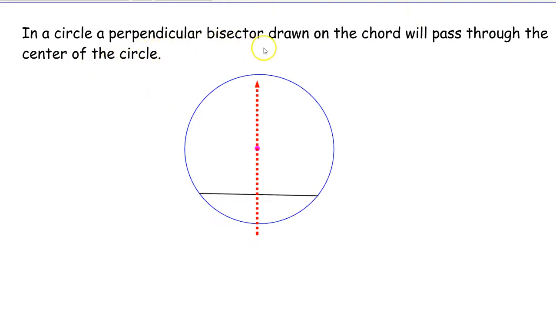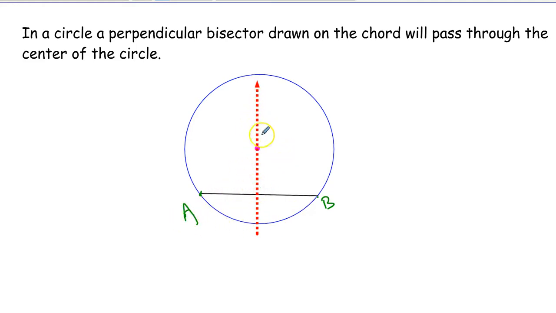Before going into its solution, we need to know that in any circle, a perpendicular bisector drawn on the chord will pass through the center of the circle. So that is the information we need to know. Here we have a chord, with two endpoints A and B. AB is a chord, right?